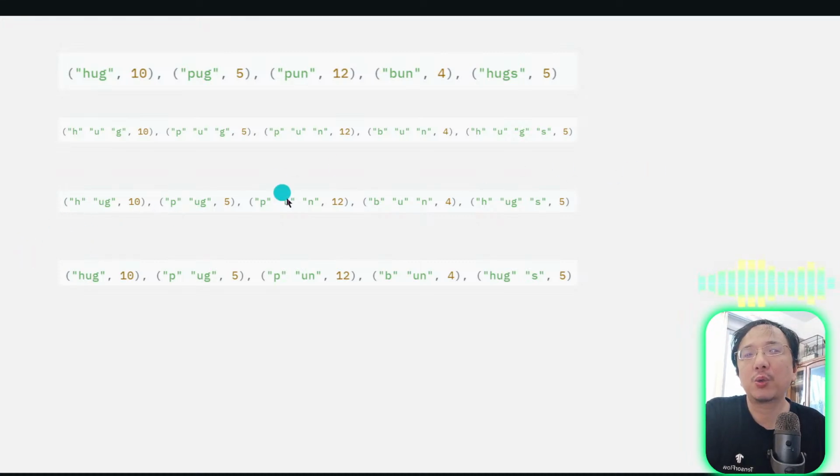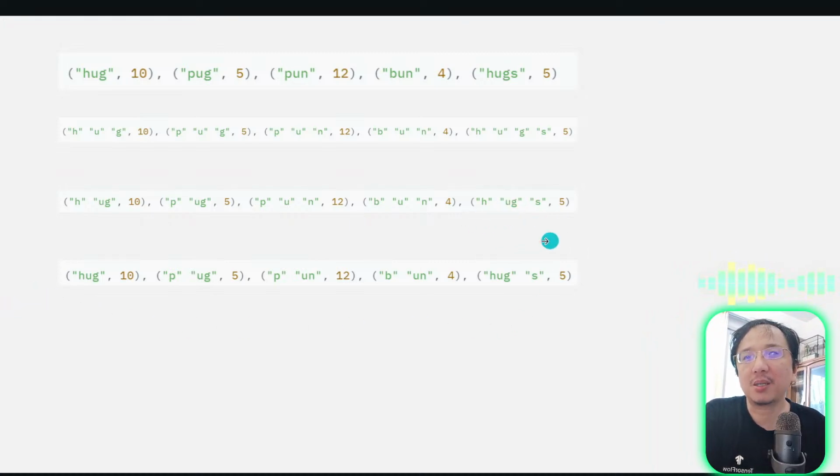Okay, so we do this in another 2 rounds, because here probably we'll add the UN first, then we'll see that HUG has 15 times, then we will add HUG to the dictionary in the third step. So finally, we'll have 3 new tokens, which are UG, UN and HUG.